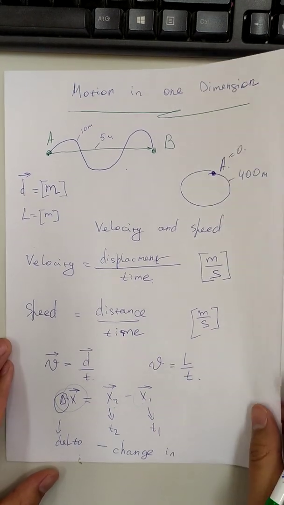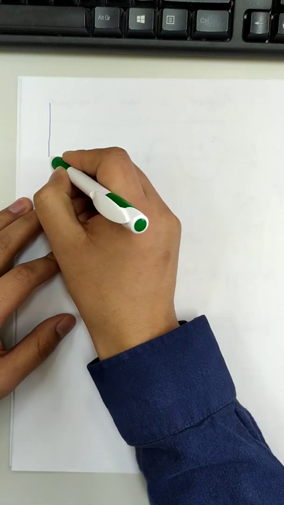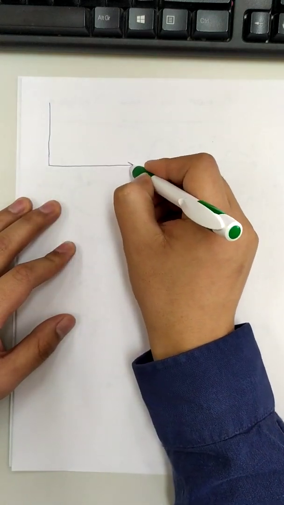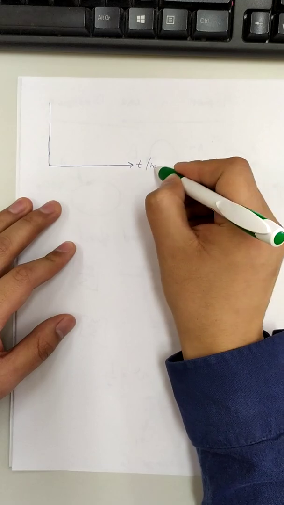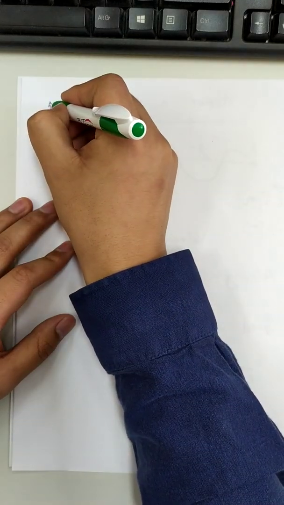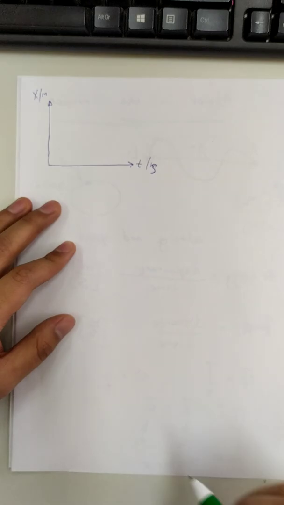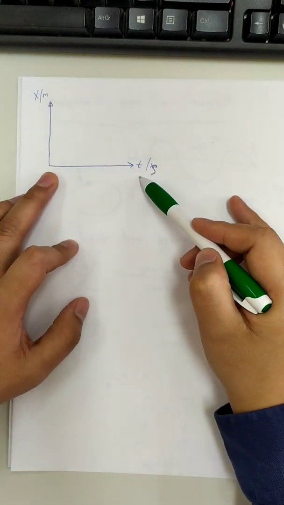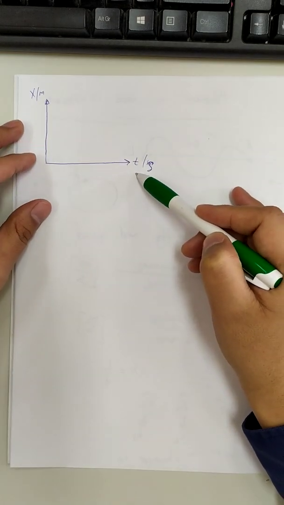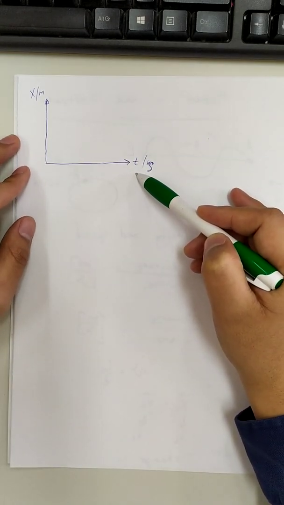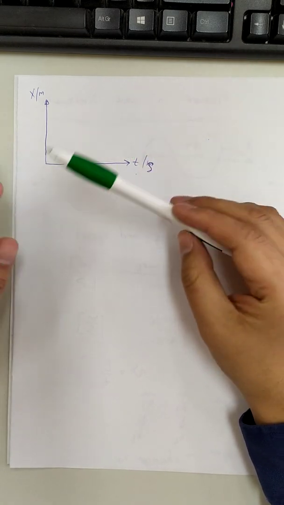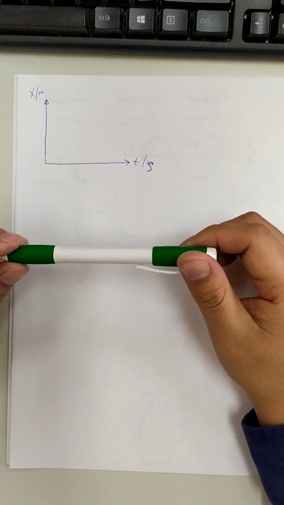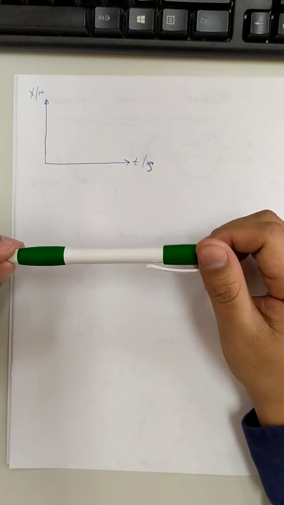So let's draw the position-time graph. Time is measured in seconds and position in meters. This graphical interpretation helps us derive the constant velocity of the car.